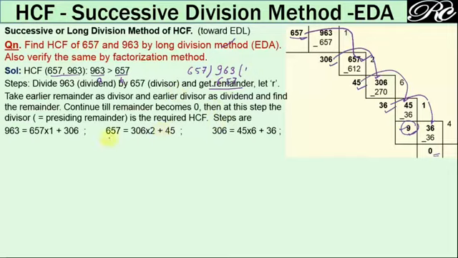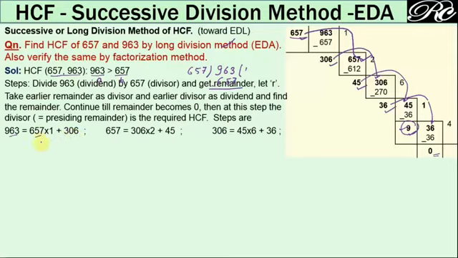These steps can further be written as follows. The very first step: 963 can be written as 657, when the divisor is 657, into 1 plus 306.